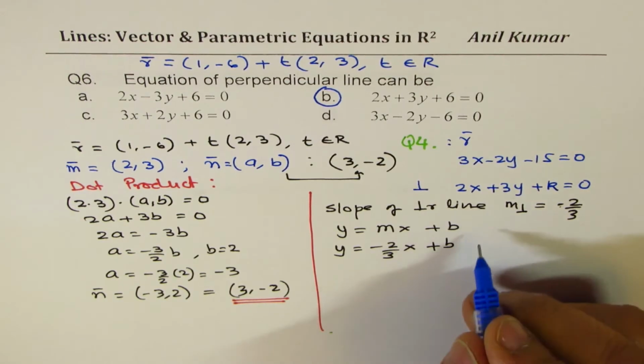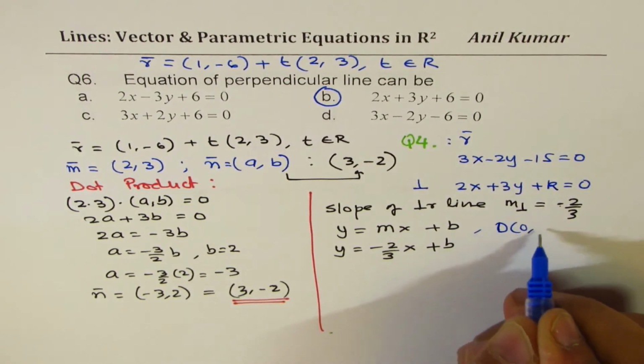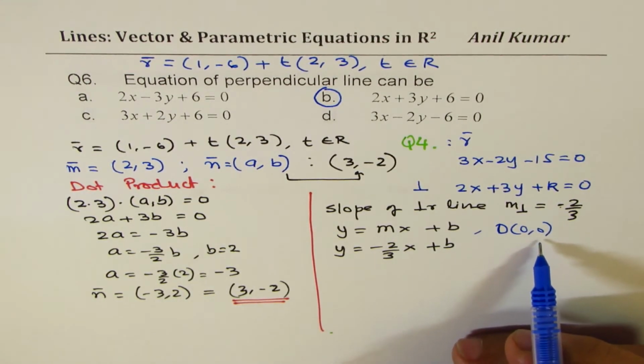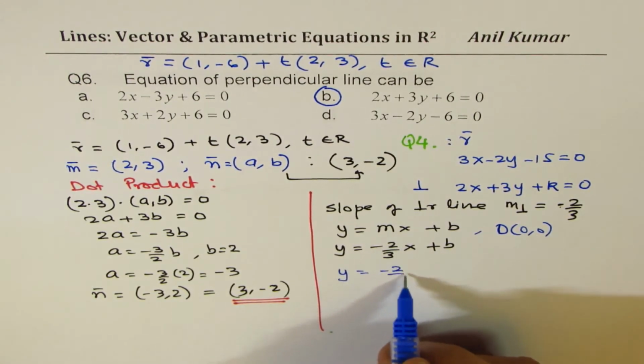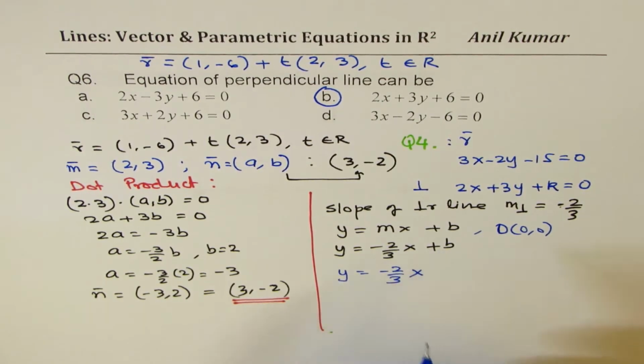We can take any point. So let us take point O as the origin, right? So that will help us. This will also help us in the next question, where we need to find the distance from the origin. So if that is the case, then y equals minus 2 over 3 x, right? B could be any value. Now you can multiply them.